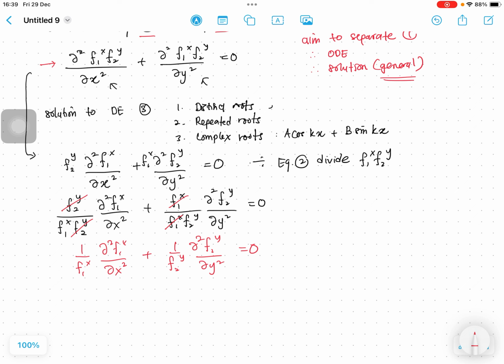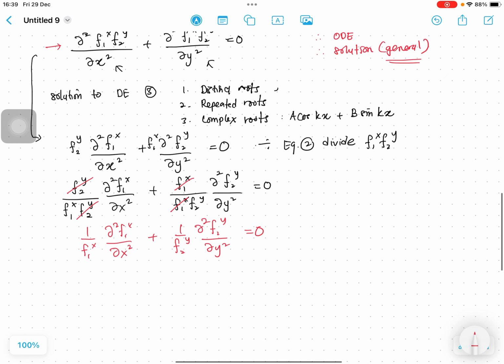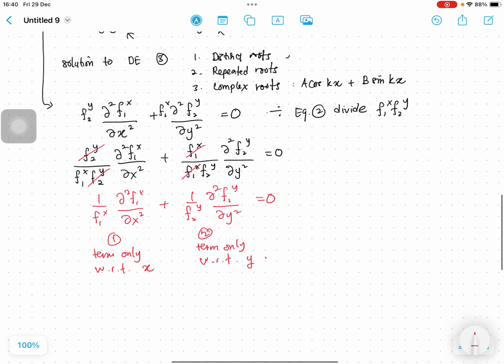So now what do you see? You see you have separated these terms, one only with respect to x, and the other only with respect to y. So you have separated the equation.